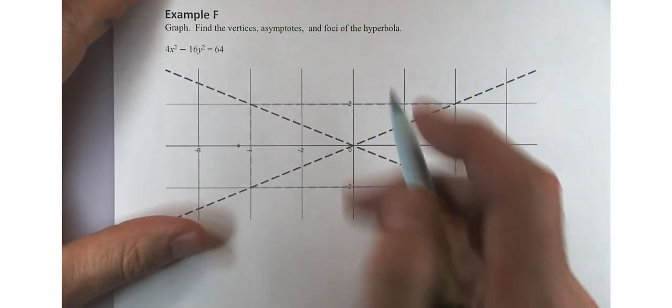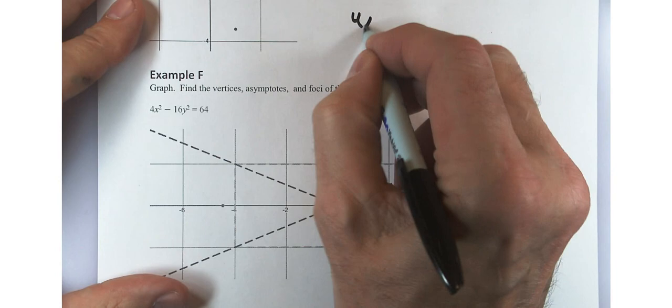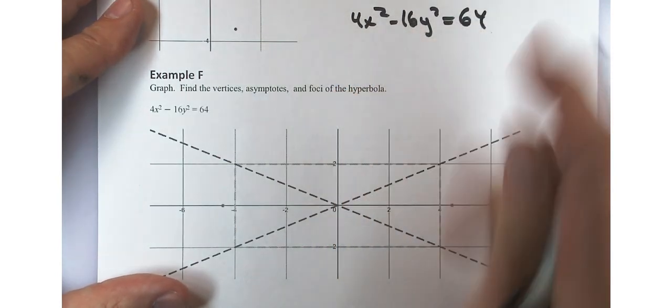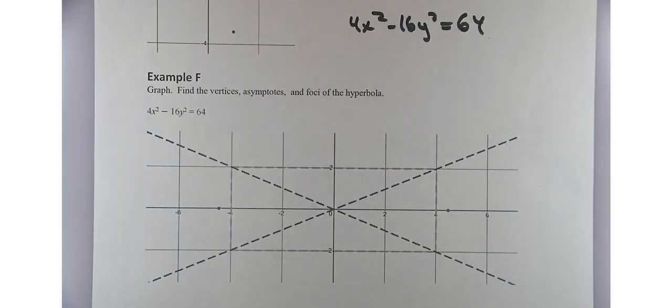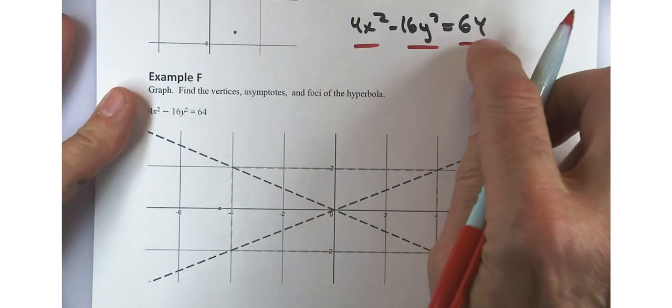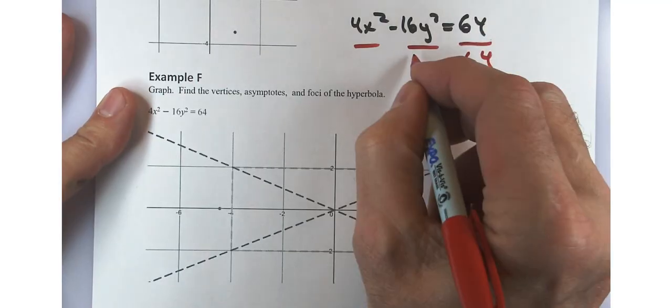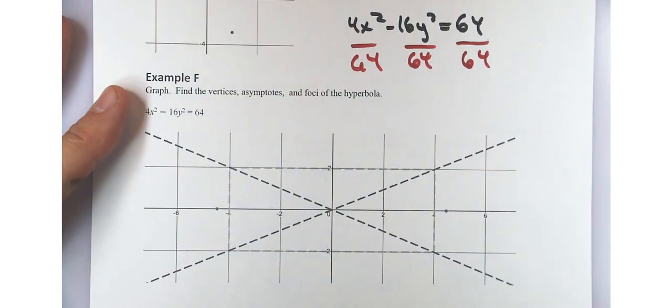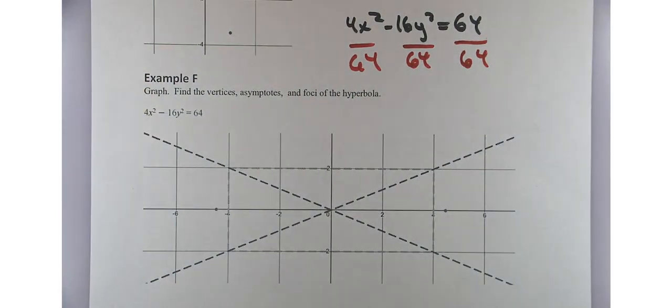So let's take this. 4x squared minus 16y squared equals 64. Now we saw in the last one with our ellipse that it was convenient to divide everything through and get a 1 on the right hand side. So this time I'm going to divide by 64 on both sides and see if I can simplify that.